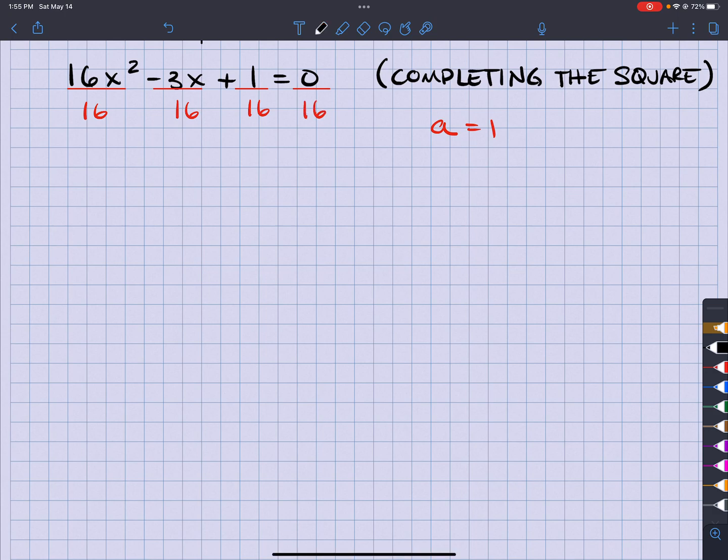So now I'm going to have x squared minus 3 over 16x plus 1 over 16 equals 0.